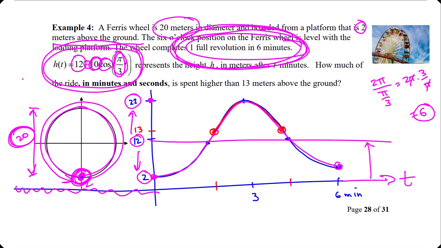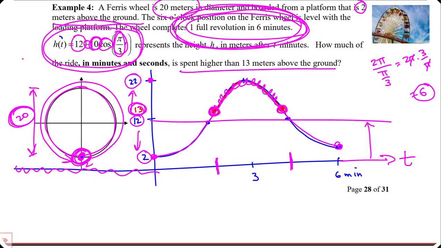But they want to know how much time is spent higher than 13 meters. Well, so here's 13, and so it's from here to here. So I'm looking for this time and this time when it's above 13 meters.